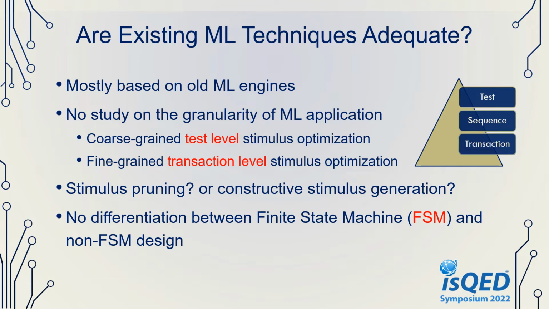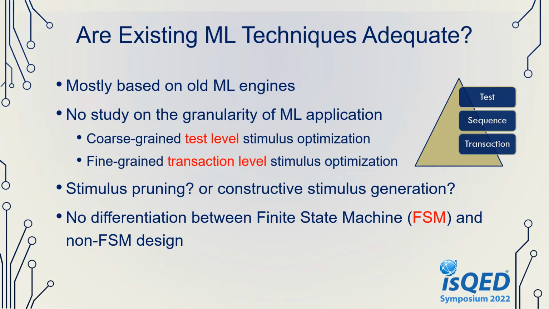And also, let's look at the granularity of the application of a machine learning model. Previous work are mostly restricted to test-level coarse-grained designs, and there's almost no previous work looking at transaction-level or fine-grained designs.